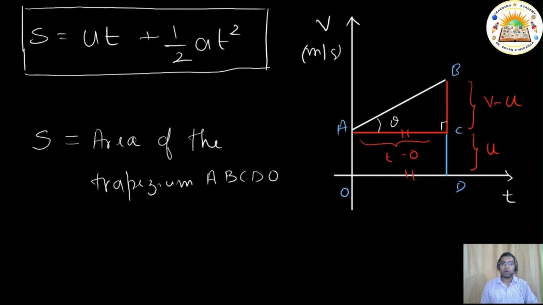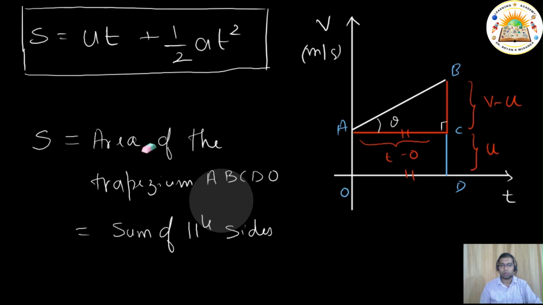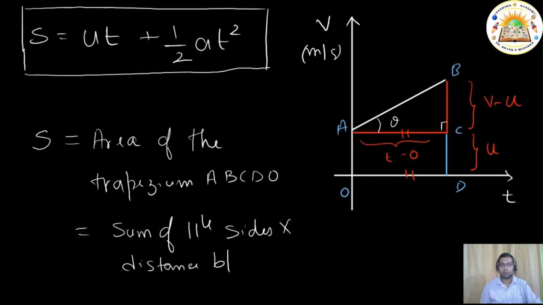Now I will use the formula for the area of the trapezium, which is the sum of the parallel sides multiplied by the distance in between them, and this entire thing divided by 2.